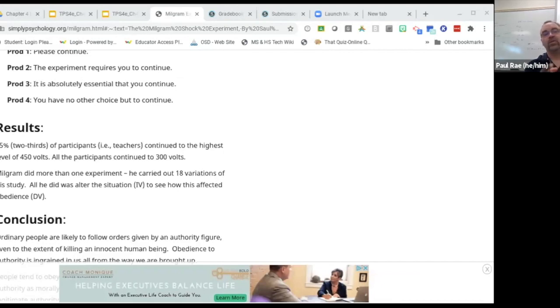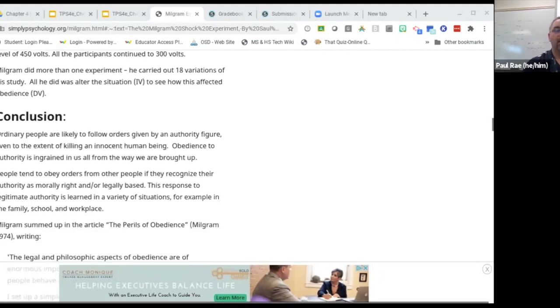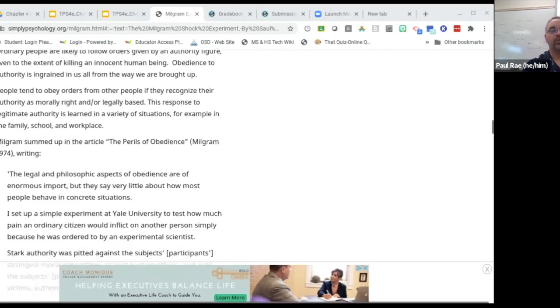And it's important to know that this study has been replicated, and the results are consistent. Now, there are a few individuals who would just say, no, I'm not doing this at all. And they would get up and they would never get involved. But a lot of them would. And he summed it up in the article, The Perils of Obedience.